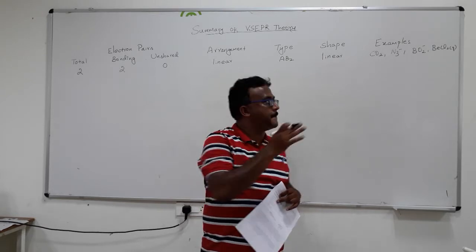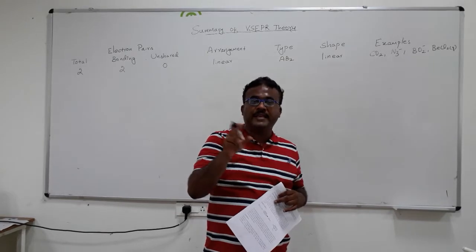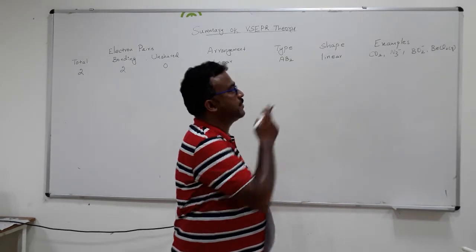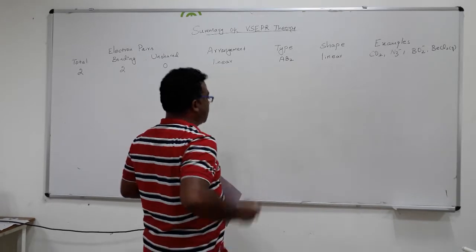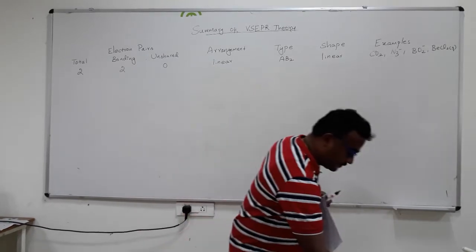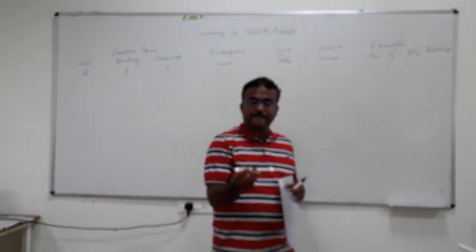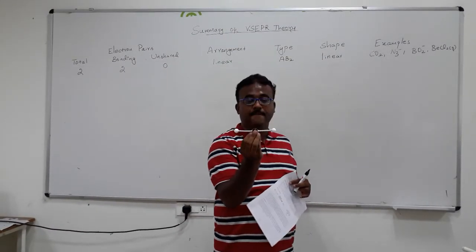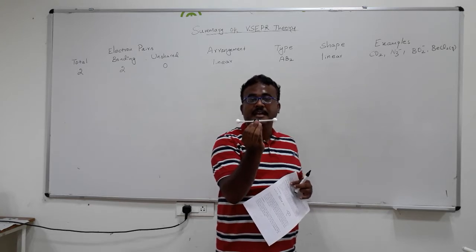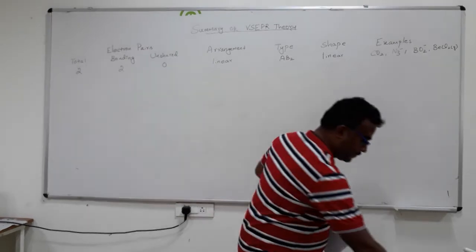The coordination number of beryllium is 4 in the solid state. So you have to mention the gaseous state of beryllium chloride. This is the geometry for beryllium chloride, or any kind of AB2 type molecule with linear geometry.